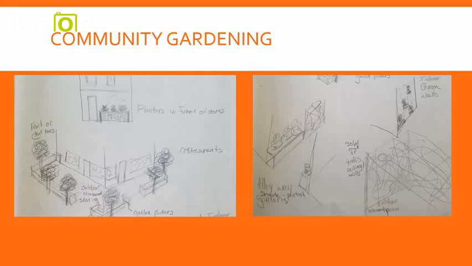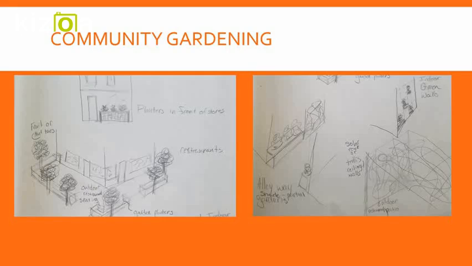So I would like to include different planters in front of stores. That way we could have tomatoes, vegetables, and herbs for people to be able to use. Trees often bear fruit and nuts, and if we could use those types of trees as our main deciduous trees that we plant on the site, we could really optimize who is exposed to different types of fruits and vegetables, increasing their diets and overall providing a better life for them.